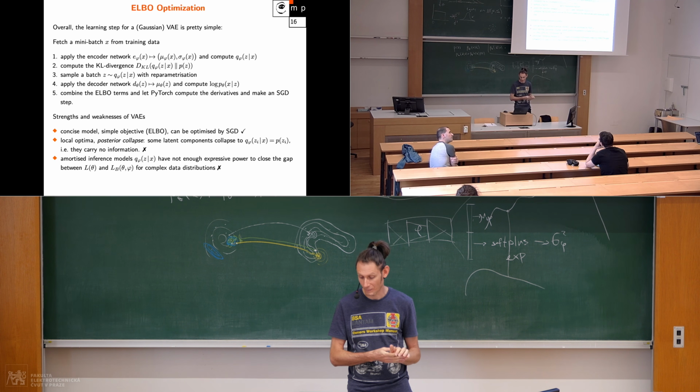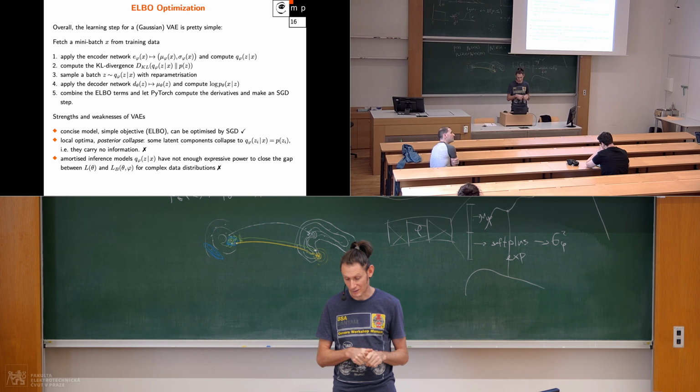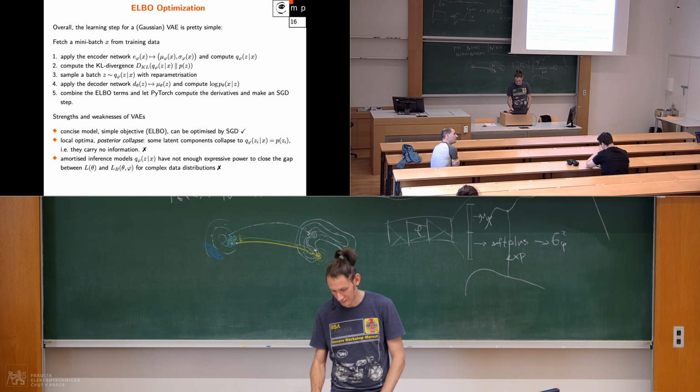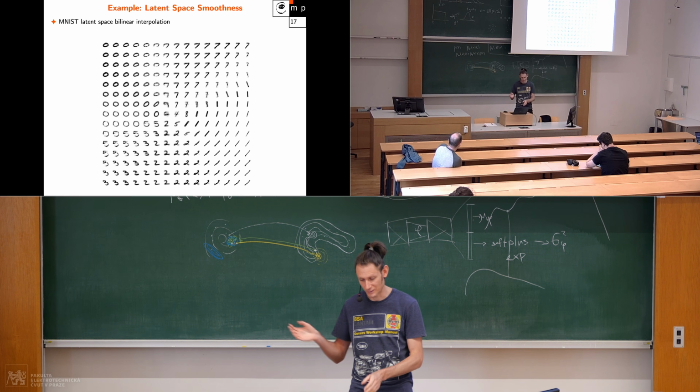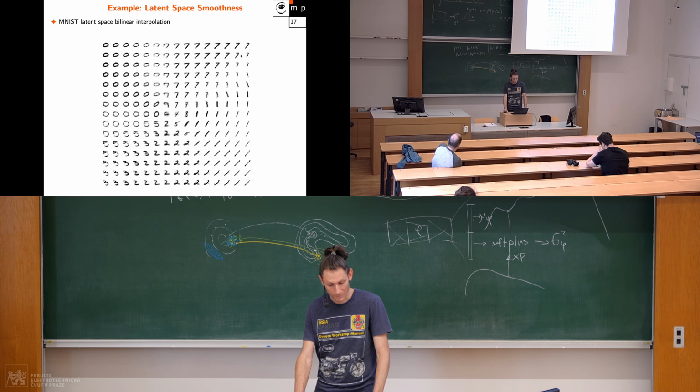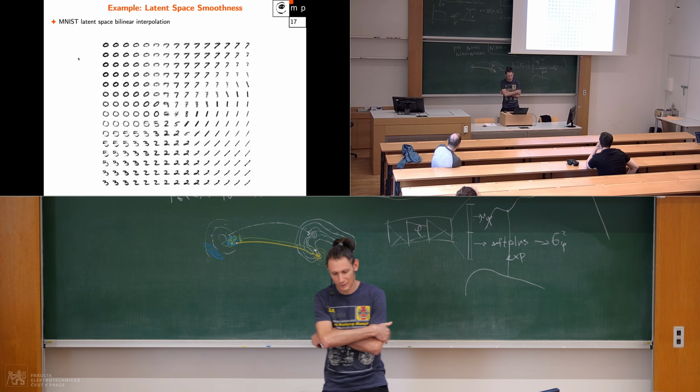But there is a range of models and hyperparameters for which these things work as we would like, and we can learn latent representations. In particular, if you look at this MNIST data, that was the example before, with bilinear interpolation in the latent space of these MNIST digits, and then reconstructing. Maybe this is not the best image to show.